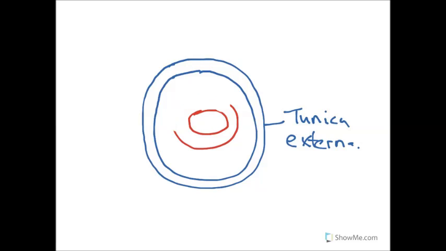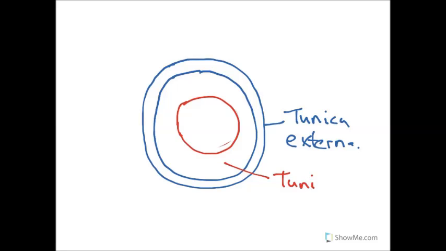Let me erase this and clear that up, make that a little bit better. That would be underneath that, and this being the tunica media, being made up of smooth muscle or involuntary non-striated muscle tissue.